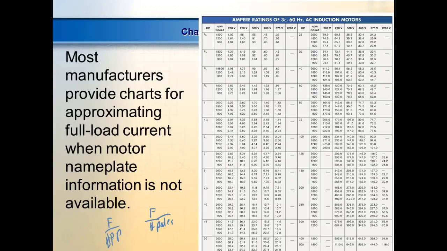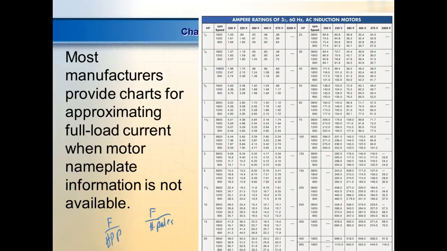Our frequency, what's Alabama Power? Alabama Power is 60, right? Your frequency is rated in cycles per second, but your motor is rated in revolutions per minute.